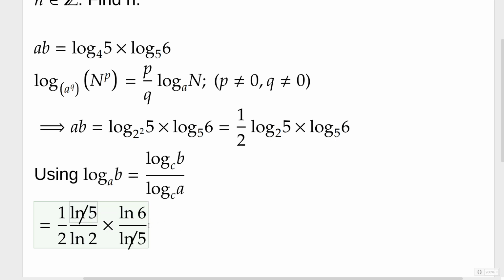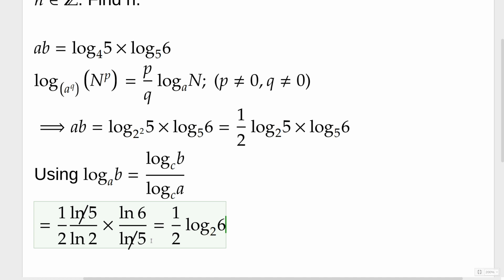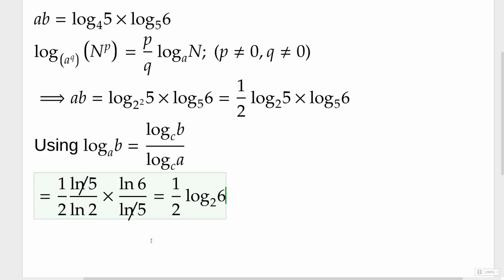After the cancellation, if we merge natural log of 6 by natural log of 2, this becomes log 6 base 2. So this can be written as half times log 6 base 2.